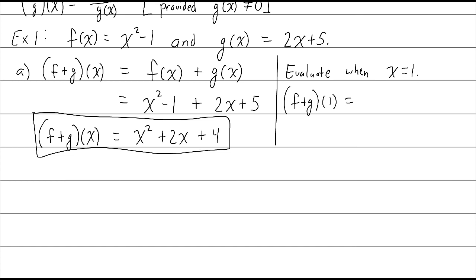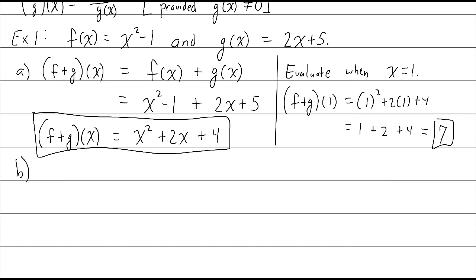Okay, plug it in like we would the old way, right? x squared becomes 1 squared plus 2 times 1 plus 4. So that's 1 squared is 1, 2 times 1 is 2, plus 4, 1 plus 2 is 3, plus 4 is 7. So f plus g of 1 is 7.